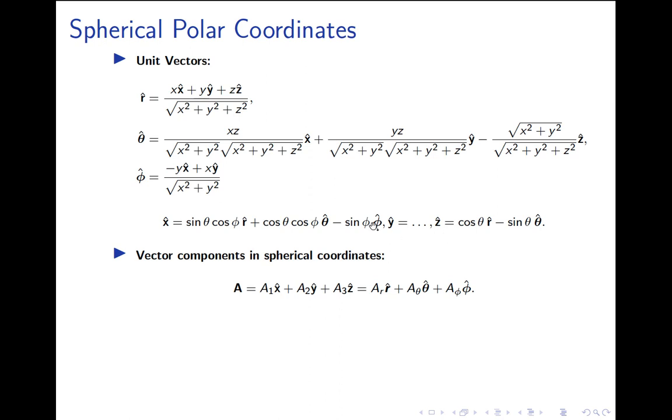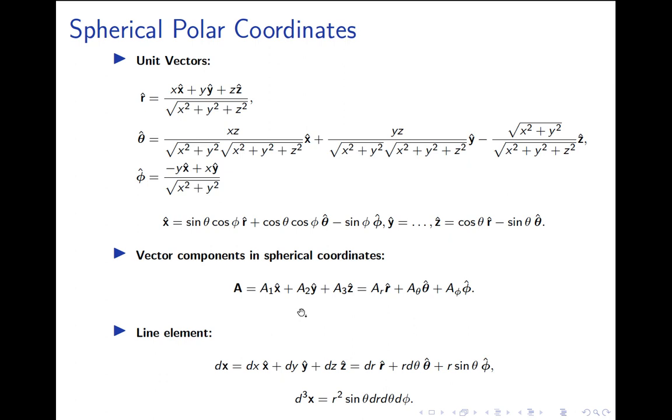And then once you know, you can convert a regular vector into its counterpart in spherical polar coordinates, not just the position vector. This is the general vector. So once you plug in this, you get the components. The line element also can be converted easily.